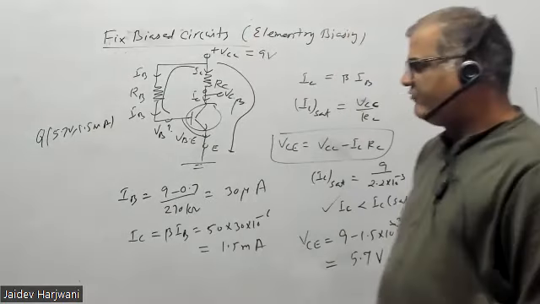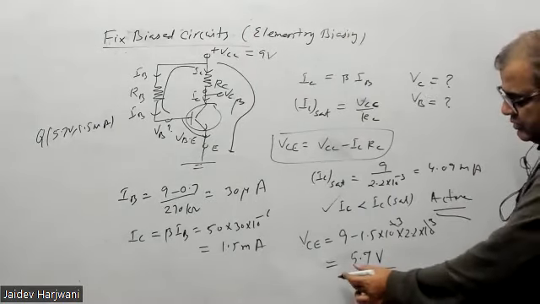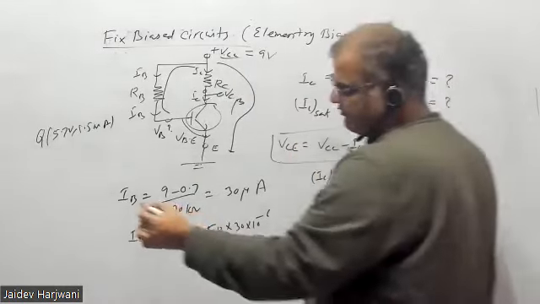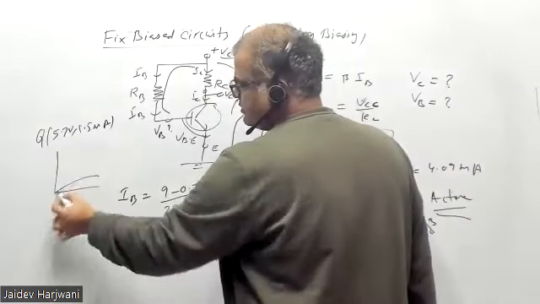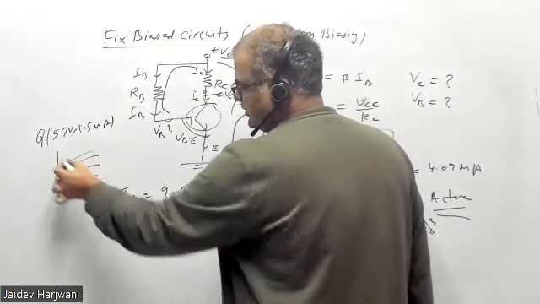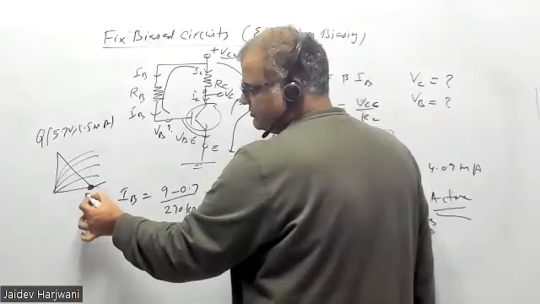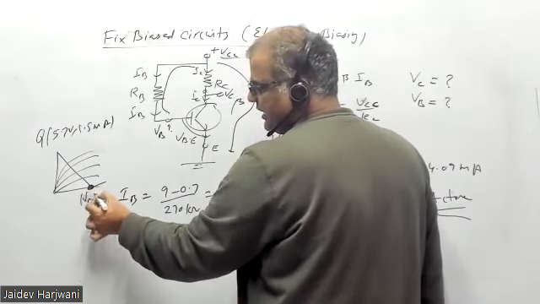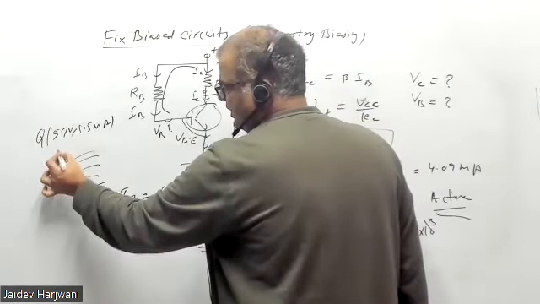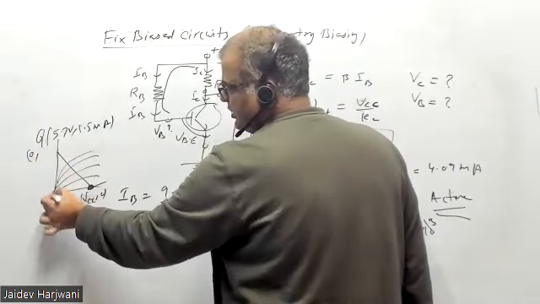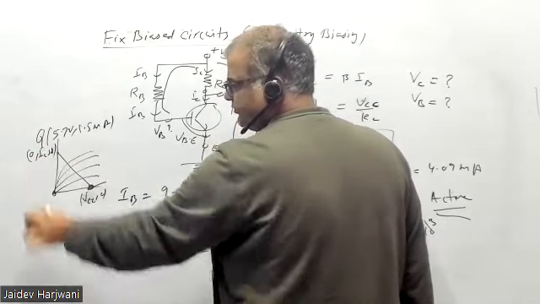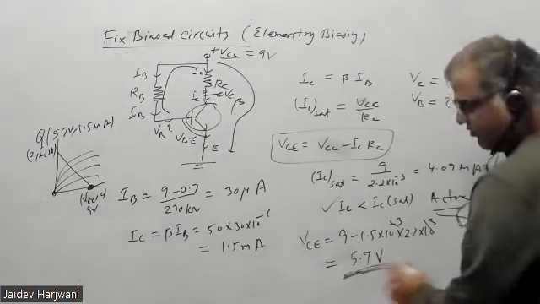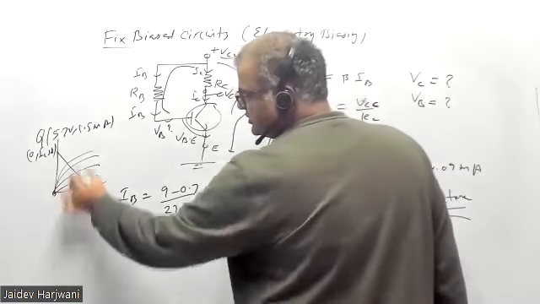And 5.7 volt itself shows you that the total is 9. If you see this graph again, this is my load line. This point is VCC with current 0. This point is voltage 0 and current IC saturation. So this is 9 volt and I'm getting 5.7 volt somewhere here. This is the active region.